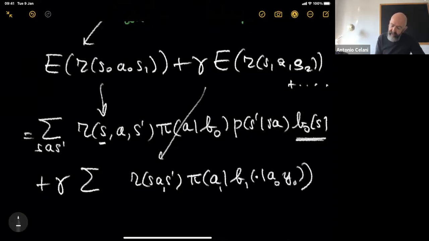So this is the policy, and then I have my transition probability from state and action, and then the probability with which my previous observation was made.